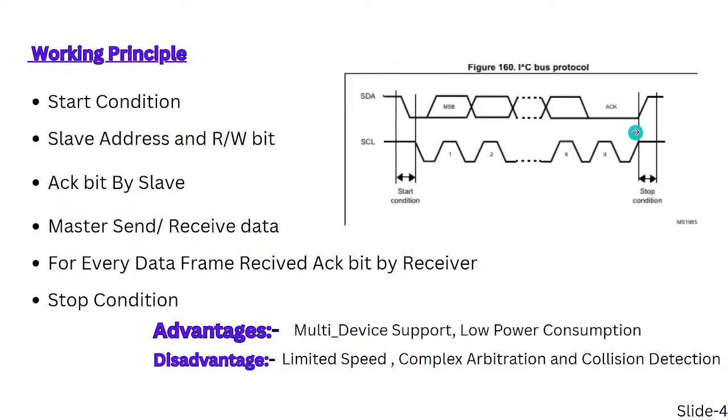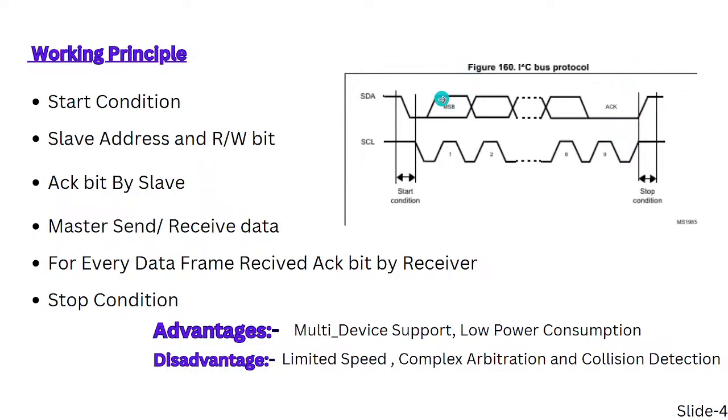When the serial data line goes from low to high while the serial clock line is high, this is the stop condition. In both cases the serial clock line is high, but high to low on the SDA line means start condition, and low to high means stop condition.